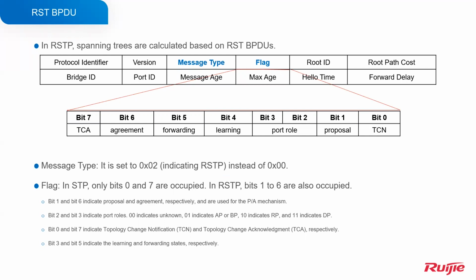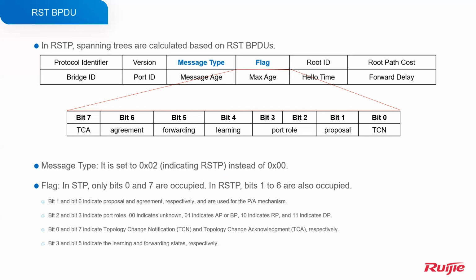Bit 1 and bit 6 indicate proposal and agreement, respectively, and are used for the PA mechanism. Bit 2 and bit 3 indicate port roles. 0,0 indicates unknown. 0,1 indicates AP or BP. 1,0 indicates RP. And 1,1 indicates DP. Bit 0 and bit 7 indicate the TCN and TCA.